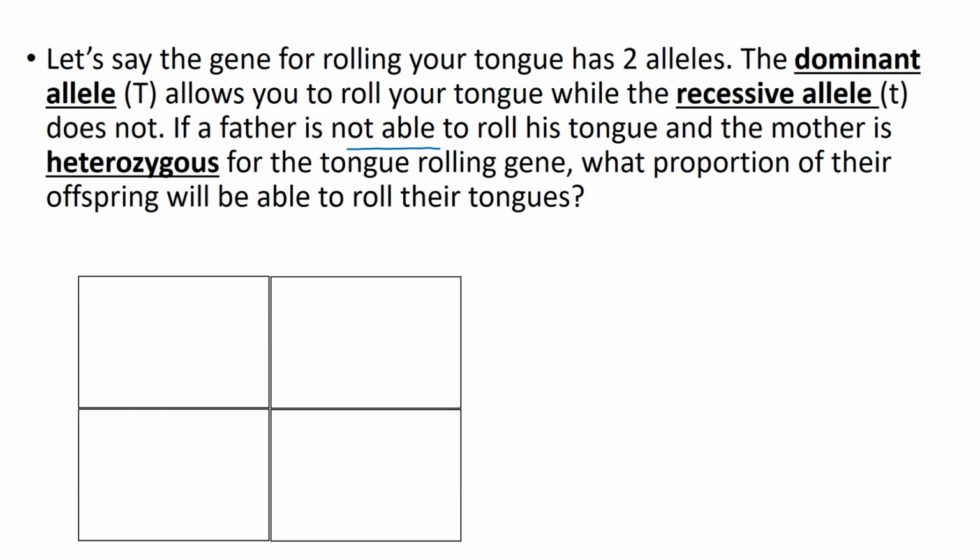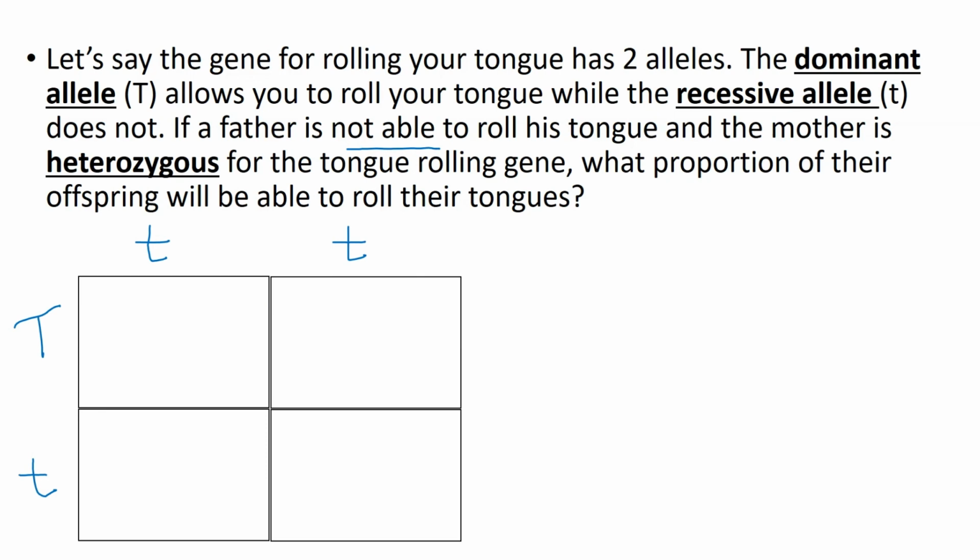So we know that the father cannot roll his tongue, which means that he doesn't have a dominant allele. So he's going to be homozygous recessive. The mother, we know from the question, is heterozygous. So she will have an uppercase T and a lowercase t for her alleles.